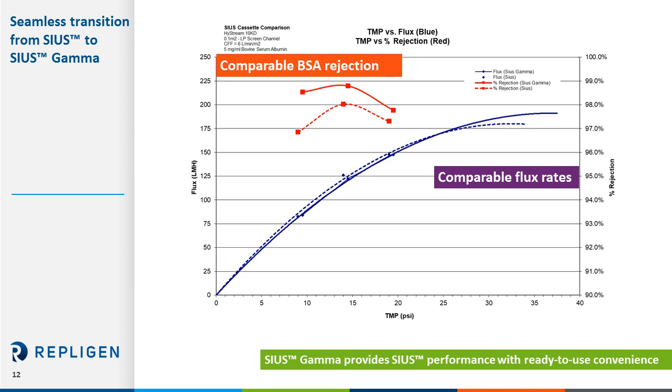For rejection, we look at the second y-axis and the plot in orange. The percent rejection at three different transmembrane pressures shows less than 1% difference. Overall, this example shows that the flux and retention of BSA on both the irradiated and non-irradiated 10K membrane is highly equivalent. So anyone presently using the TangenX CS membranes will have an easy time to transition to the CS Gamma.